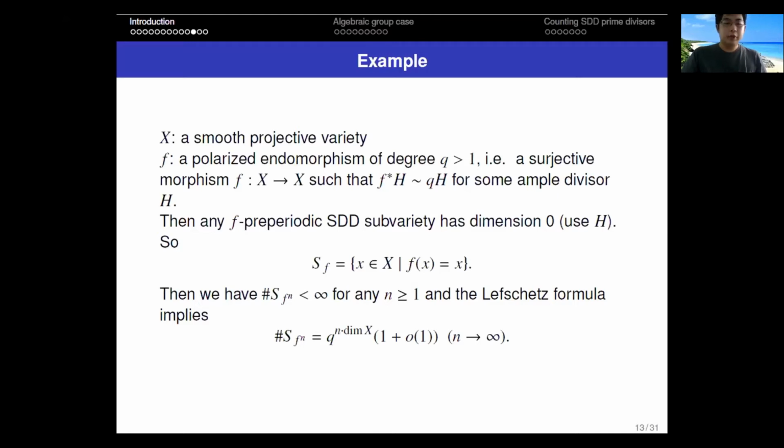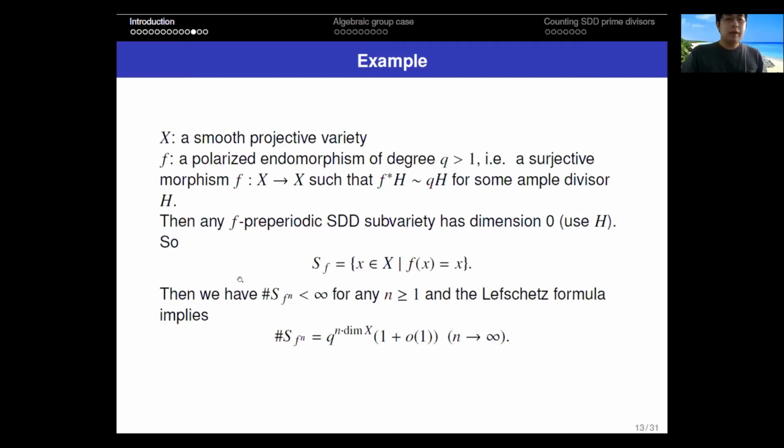So an invariant subvariety of positive dimension never has a small dynamical degree. So an SDD subvariety always has dimension 0, and any f pre-periodic points are clearly SDD subvarieties. So in particular, S_f is just the set of fixed points in X.